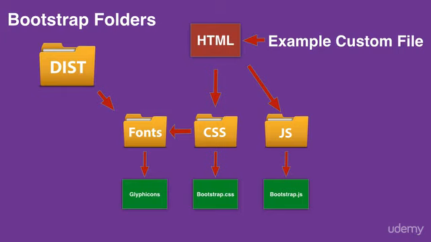That file includes all the classes that we are going to be using. And the JS folder is going to include all the JavaScript functions that we are going to be using in our Bootstrap project. Then we use an HTML document or application, and we link those by including a link tag linking to the CSS folder, and then we use a script tag to link to the JS folder.